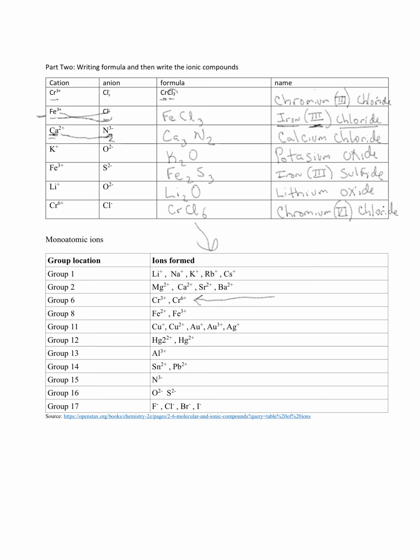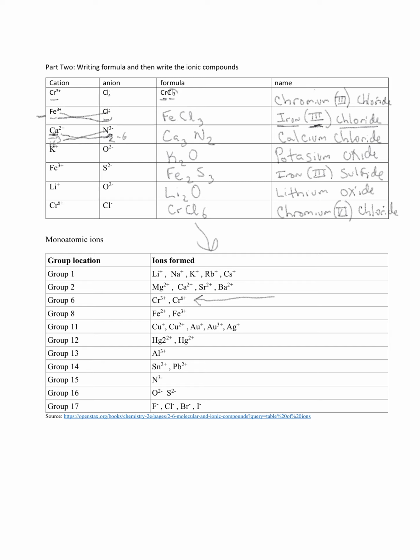All right, so 2, and then I'm going to use the 3 from the nitrogen as the subscript for the calcium. So if you do the multiplication, 3 times +2 is 6, so you have a total +6, and then 2 times -3 on here is -6. So that's how we get Ca3N2, and write the name, calcium chloride.